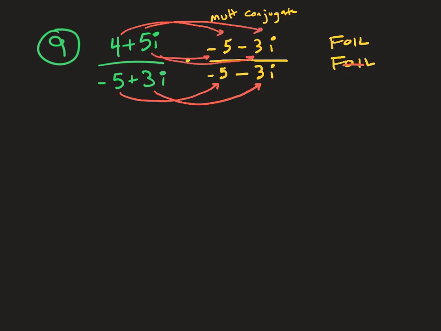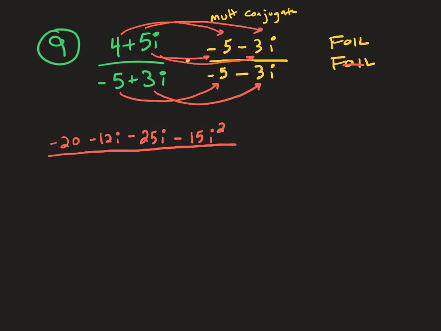So 4 times negative 5, doing the top first, negative 20. 4 times negative 3i, negative 12i. Then moving on to the 5i next. 5i times negative 5 is negative 25i. And then 5i times negative 3i, negative 15i squared.